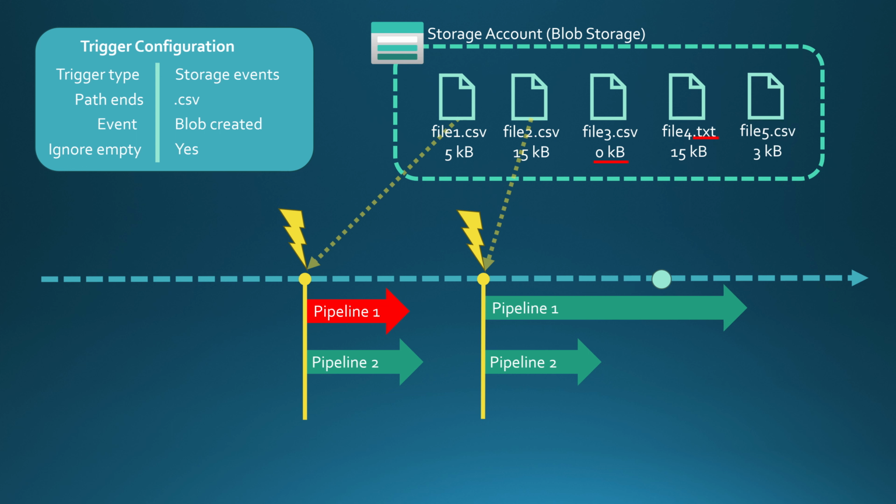Our fifth file has been created, and it has the .csv ending, and it's not empty, so it will run our trigger, and this will trigger our pipeline 1 and 2. However, our pipeline 1 from the previous trigger is still running, and now we have again the situation where our pipeline 1 is running 2 times at the same time, because in this trigger we cannot define any concurrency in the trigger configurations to prevent this from happening.